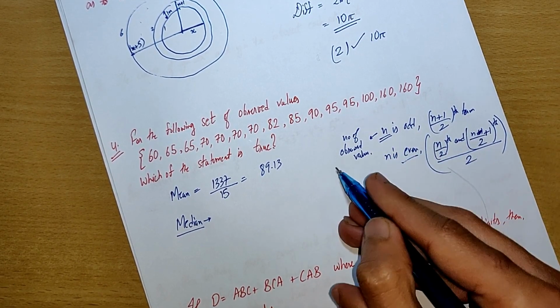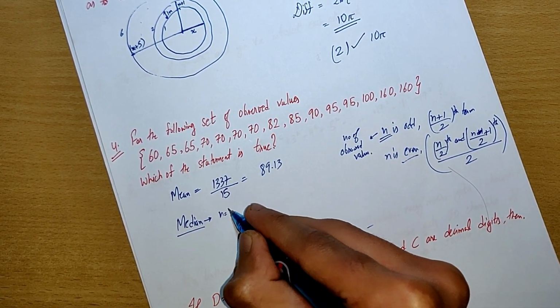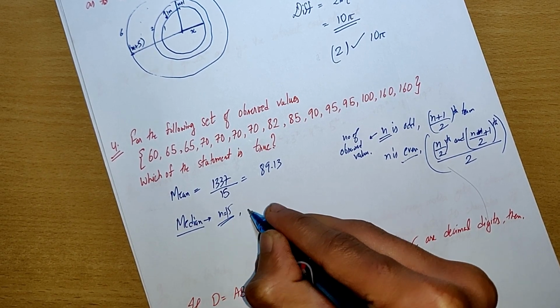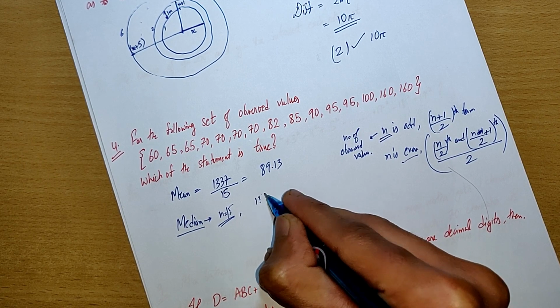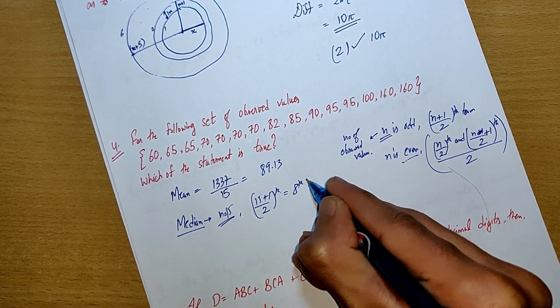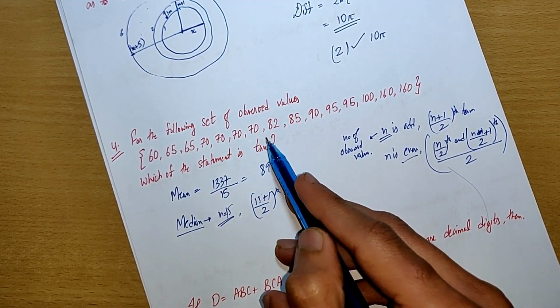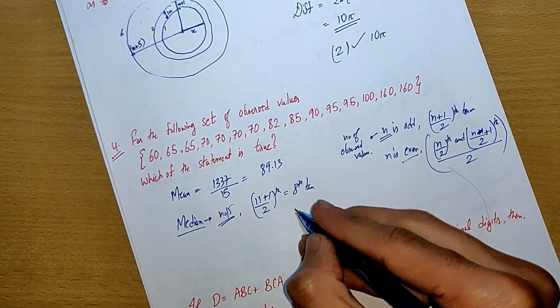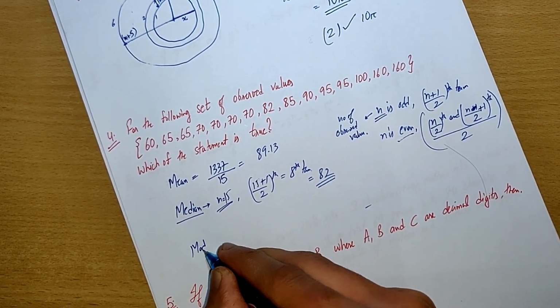So here n is 15, so it is odd. The median would simply be the (15 plus 1) by 2th term, that is the 8th term. The 8th term is 82. Now the mode.